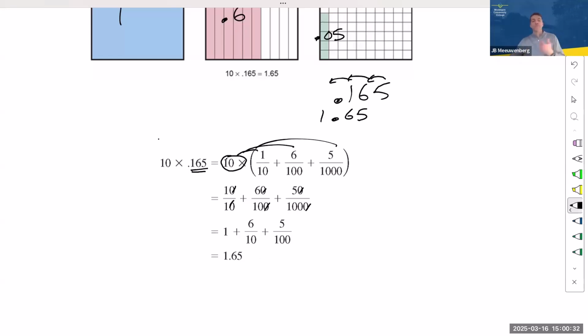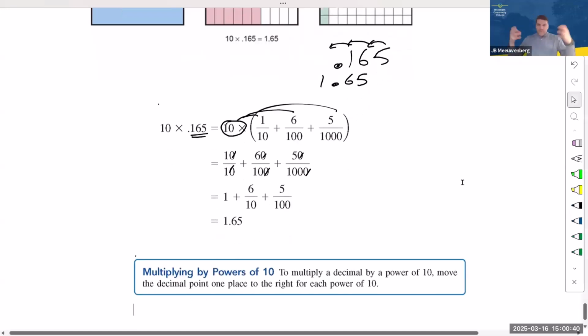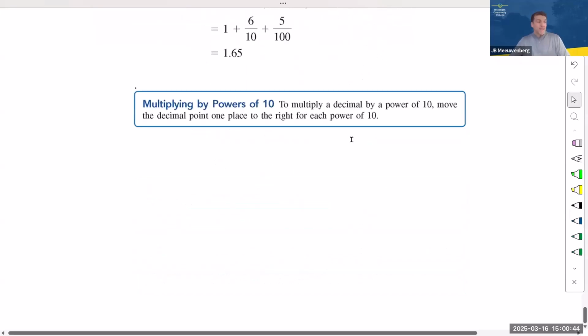So you can see all of these different ways to view this problem, multiplying by powers of 10. If we condense it into an algorithm, to multiply a decimal by a power of 10, move the decimal point one place to the right for each power of 10. We just spent a lot of time talking about how to move the decimal point when you're multiplying by the number 10.